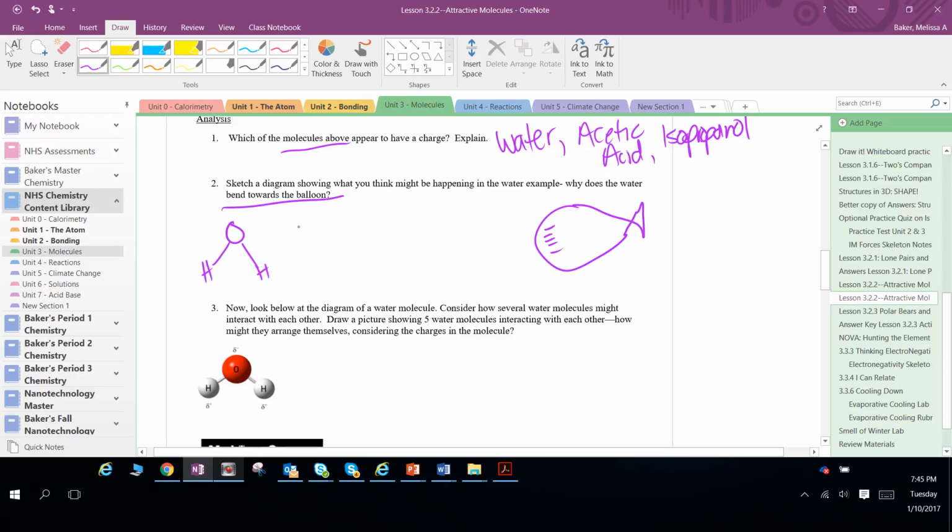We talked a little bit in class about how in the last lesson, the homework question, when you build a molecule with oxygen in Odyssey and you look at what's called the polarity map, you see oxygen turns all red. And that is indicating that there's a partial negative charge.